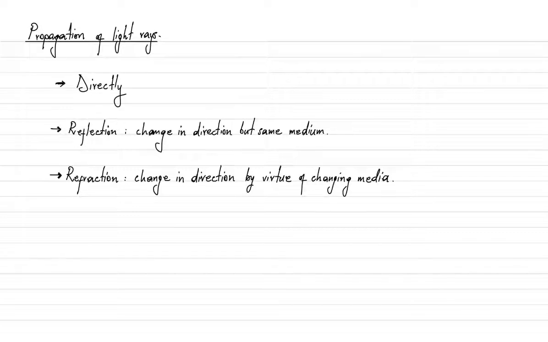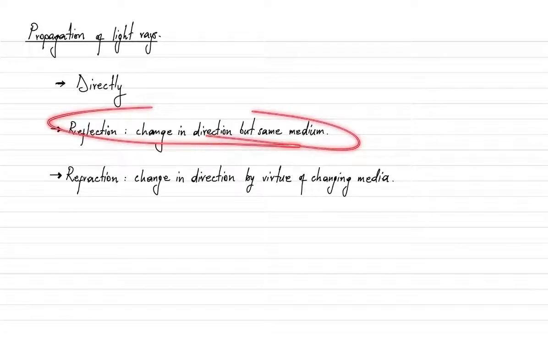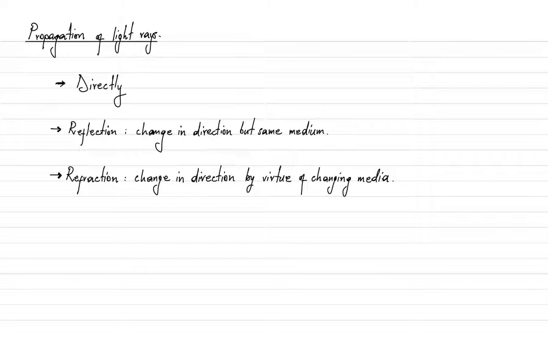So that was the case in the situation when we were considering reflection. Now we're going to consider refraction. Here there's not only the change in the direction of the light ray's direction, but there's also the change of a medium through which the light ray is traveling.